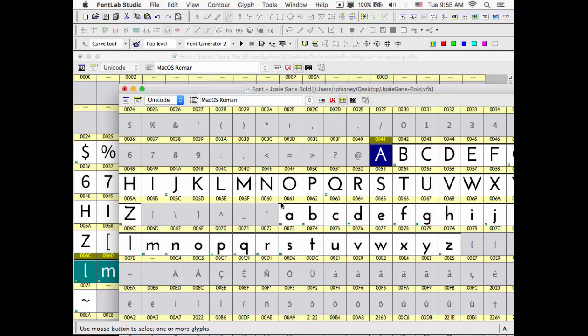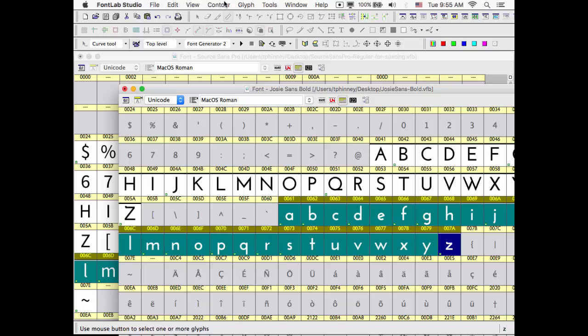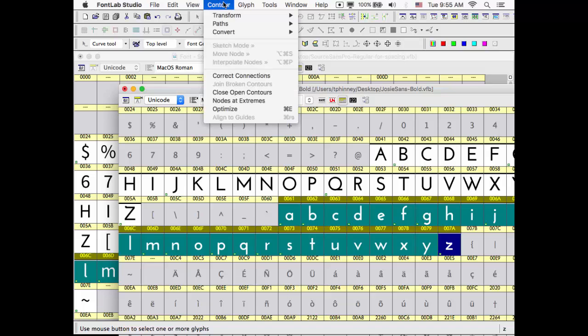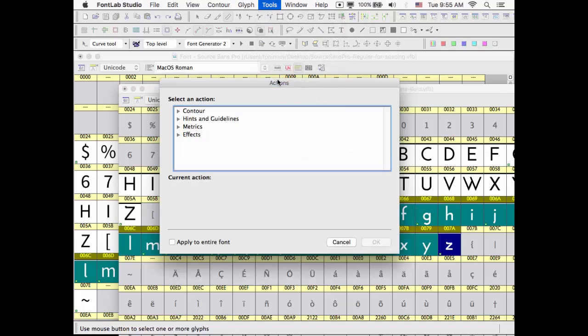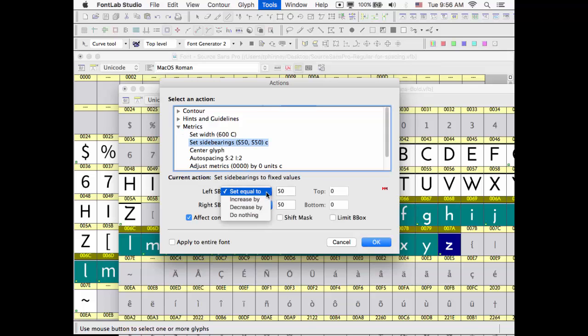Now the other thing that one could do is, you can scale these things too. So I just want to point out, I'm going to take an action and metrics, and I can do things like, I can say, you know what, this was a little loose for this other font.